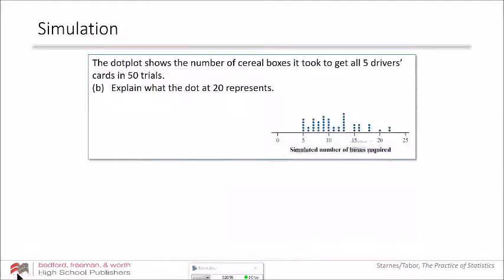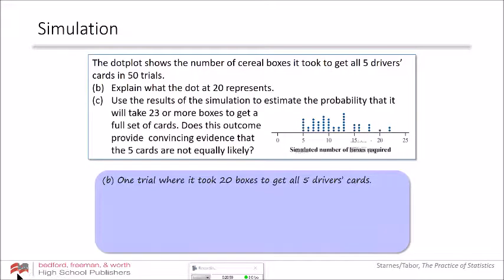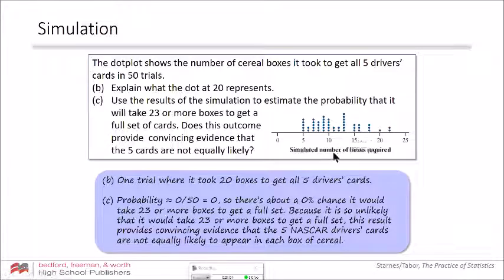So going back to my dot plot here, let's say it took her 15 boxes to get all of the cards. Well, 15 boxes, so look, 1, 2, 3, 4, 5, 6, 7, 8, 9, 10, 11, 12. There's 12 out of 50 times in my simulation, or 24% of the time, it would take someone 15 boxes or more to get all 5 cards.